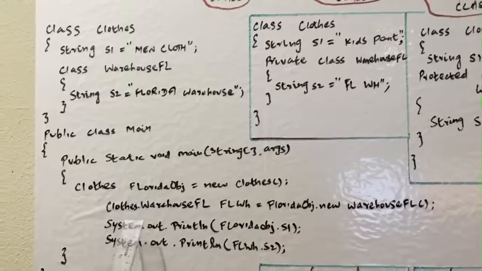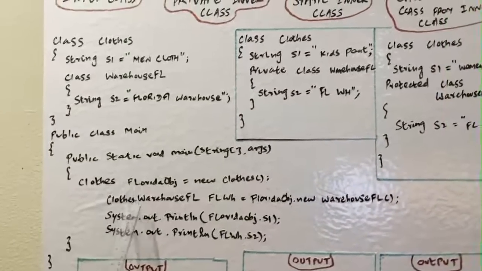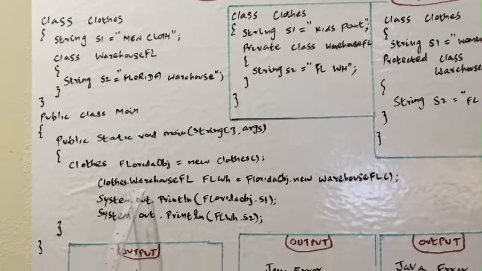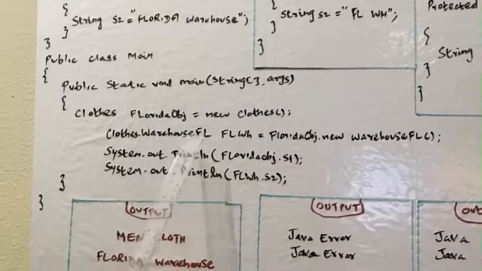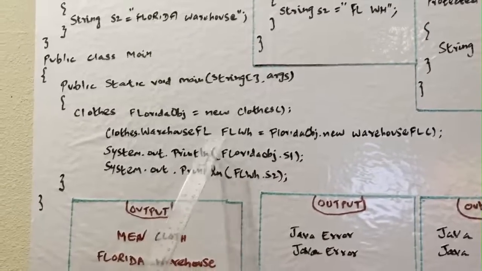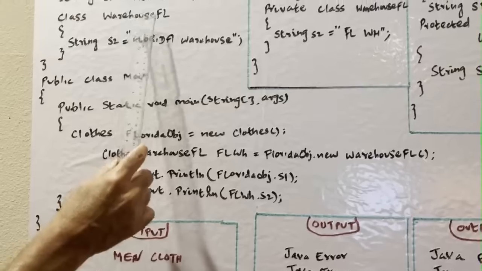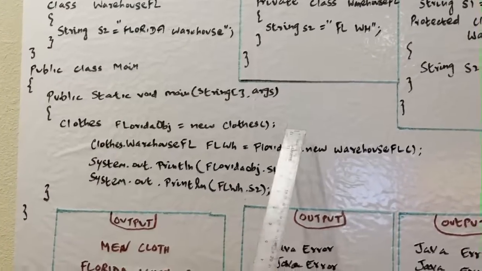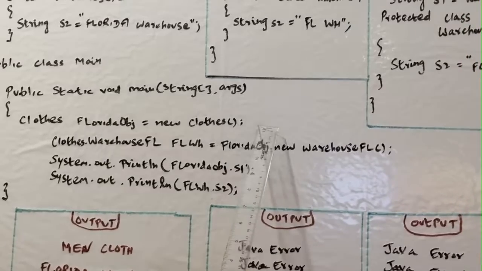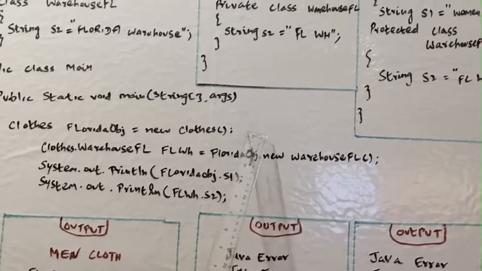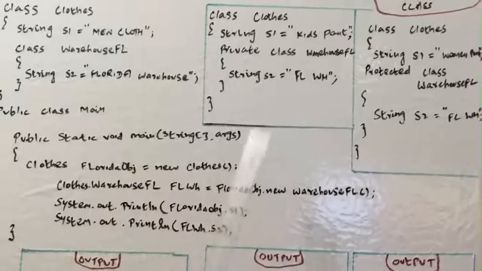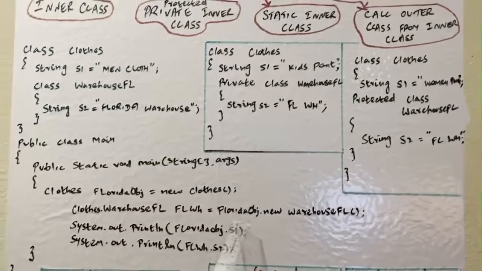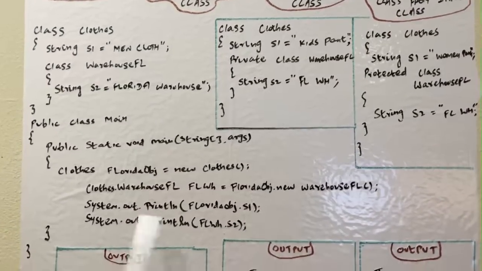So here we are calling clothes dot warehouse Florida, which is the subclass we are defining. Here we instantiated and created an object of the superclass itself, and here we are instantiating an inner class, the subclass.